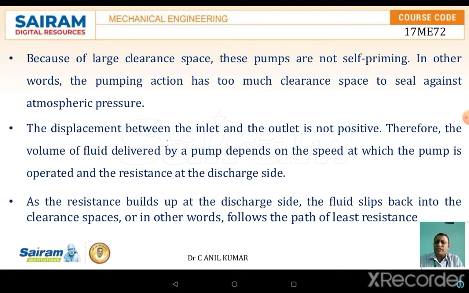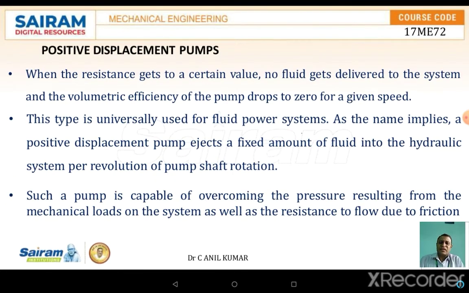The displacement between the inlet and the outlet is not positive. Therefore, the volume of fluid delivered by the pump depends upon the speed at which the pump operates and the resistance at the discharge side. As the resistance builds up at the discharge side, the fluid slips back into the clearance space; in other words, the fluid takes the path of least resistance.